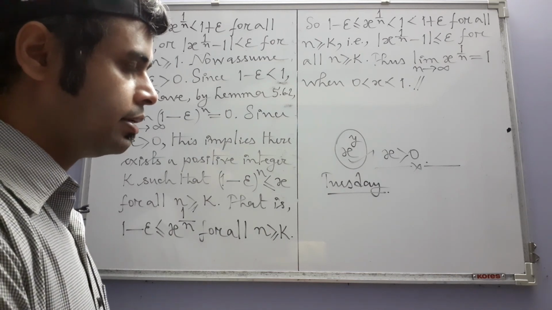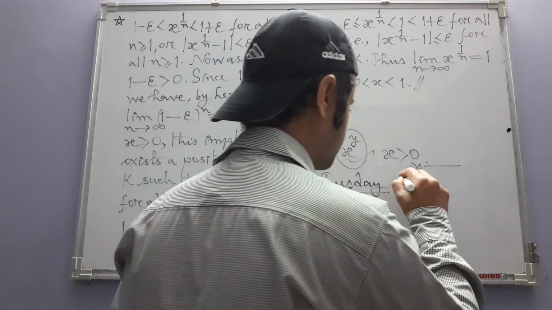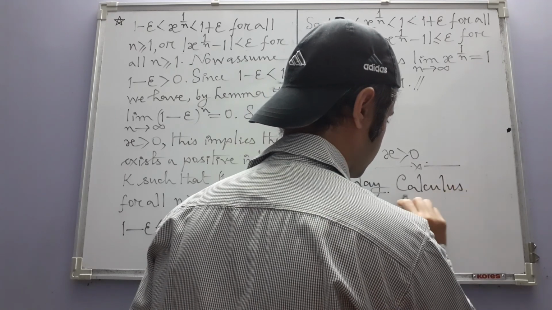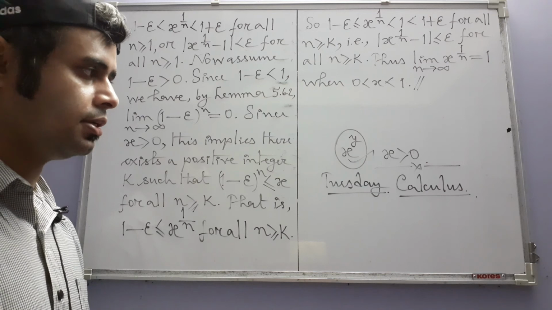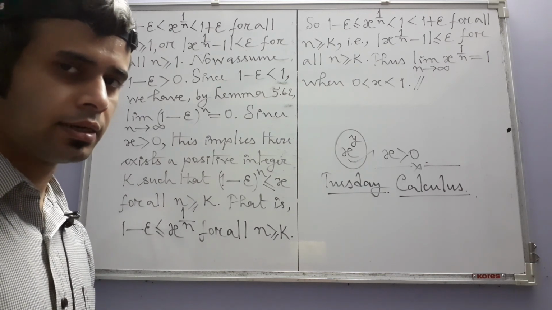So after Galilean we have, okay, calculus. Yes. And after calculus, next Friday we will see number theory, and then graph theory, and then like that, and the cycle will continue.